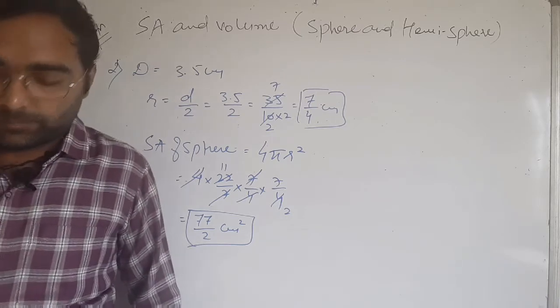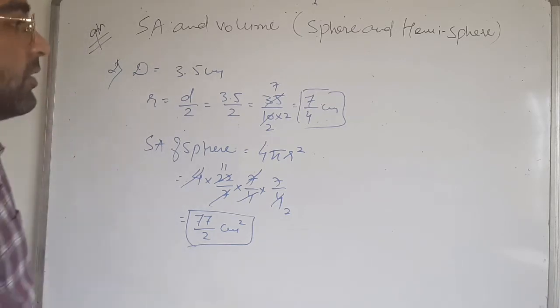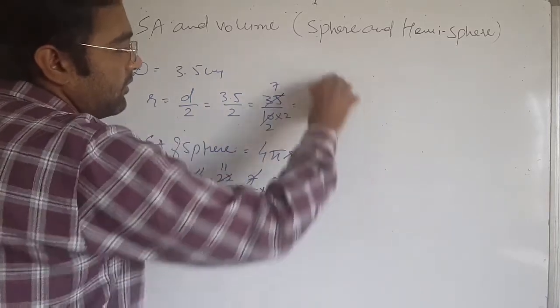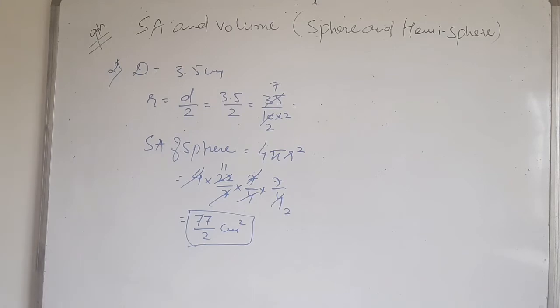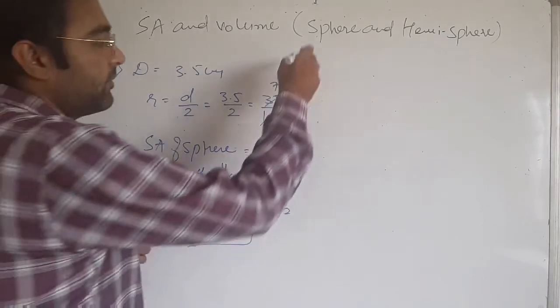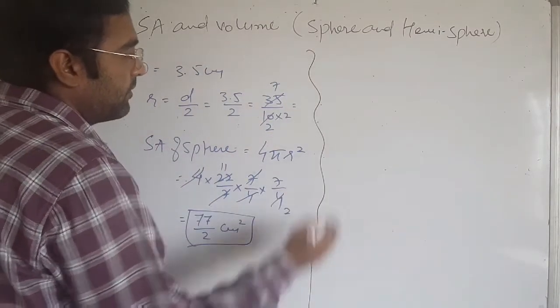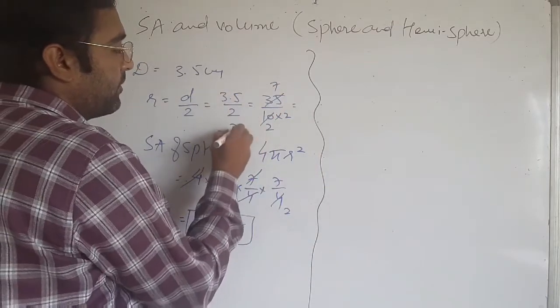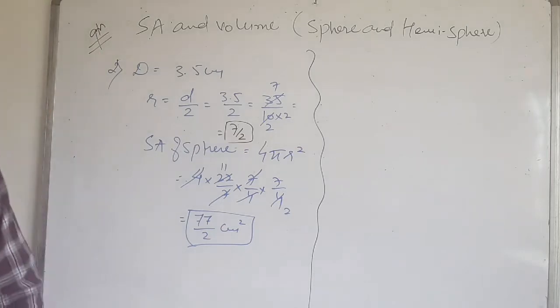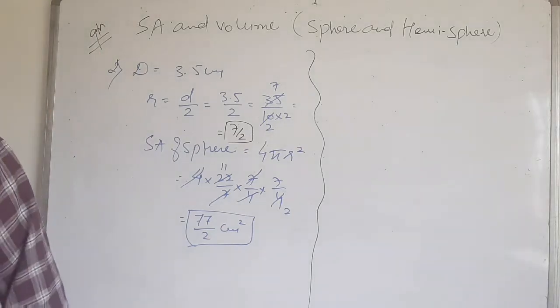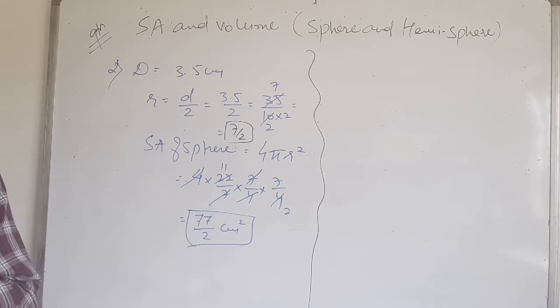Okay, clear? Now we have to move to the next question. My next question is: find the total surface area of the hemisphere and the solid hemisphere.